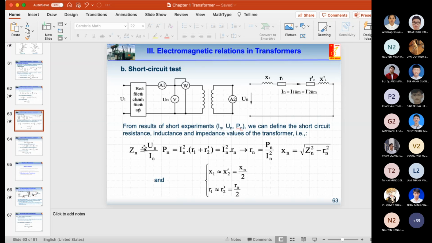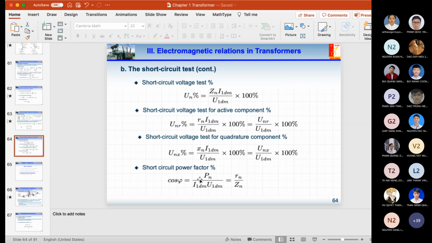From that it's very easy to define parameters Z, Xn and Rn here. Short circuit voltage is equal to this expression, and there are also short circuit voltages for the active component and reactive component. Finally we get the short circuit power factor, defined by this one.